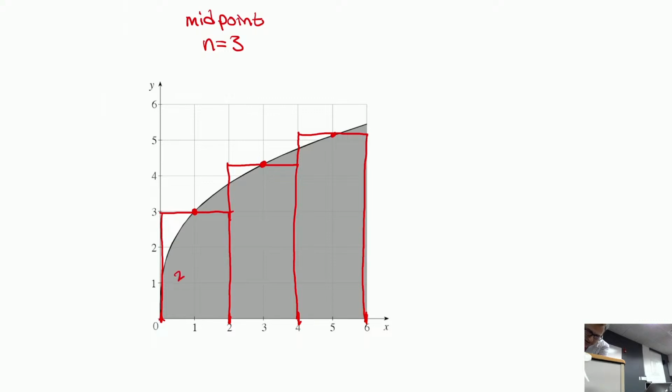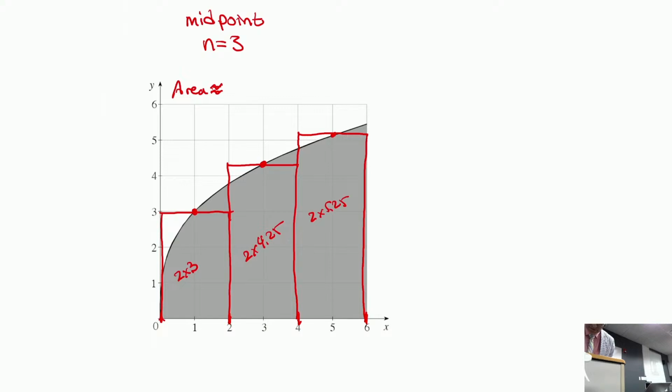So let's do this one. This one's going to be 2 times 3. This one will be 2 times 4.25 and 2 times 5.25. Once again, I think that 5.25 should be a little bit lower, but just for simplicity's sake, we'll do it this way. All of these should be approximately equal to the area of the rectangles. Of course, we're doing the actual area, but we're approximating the gray area.